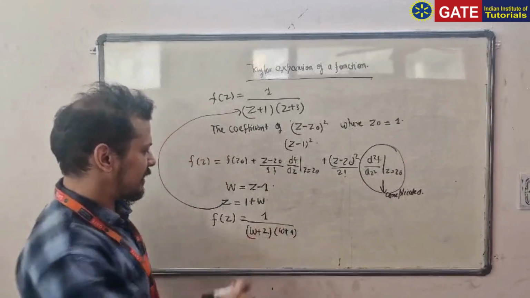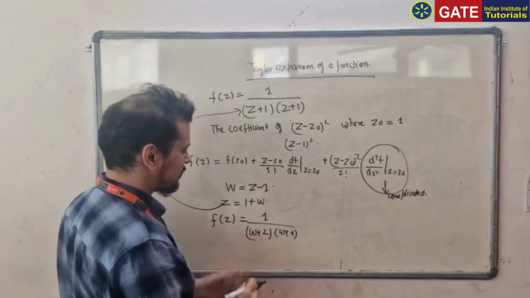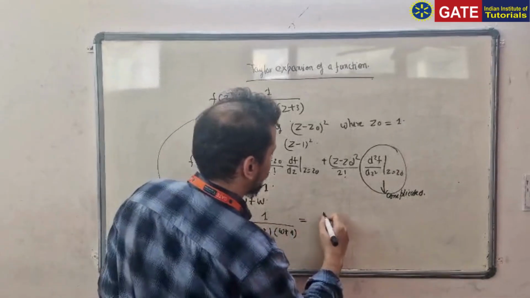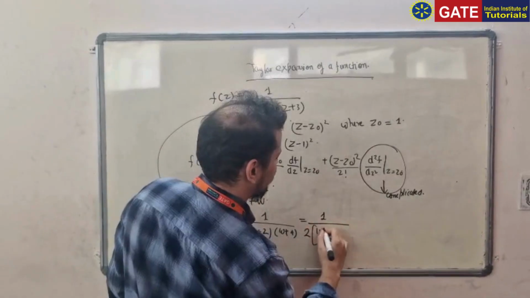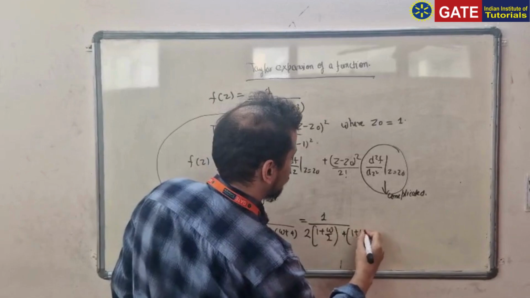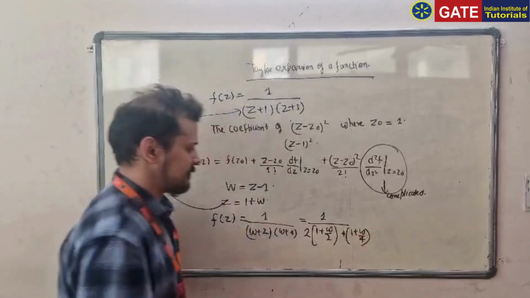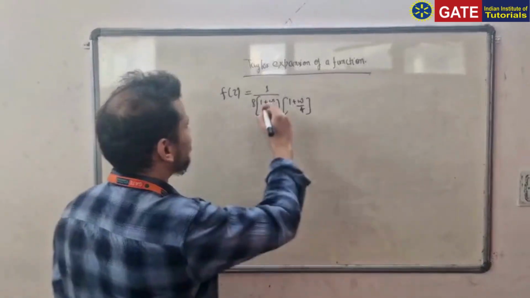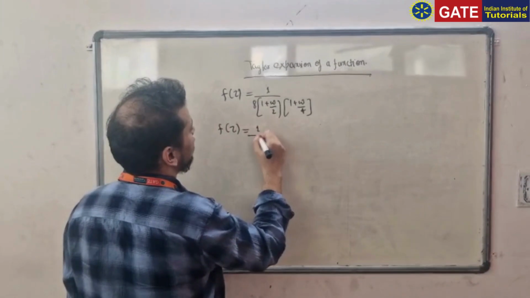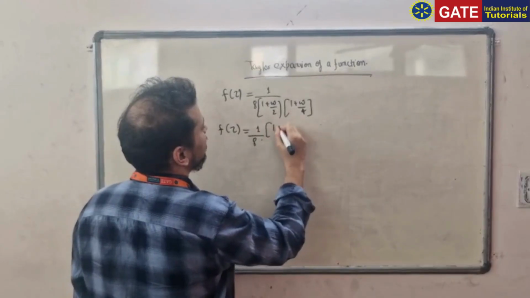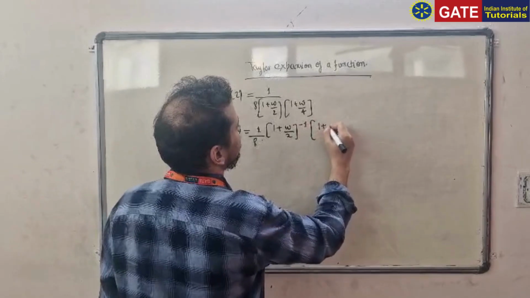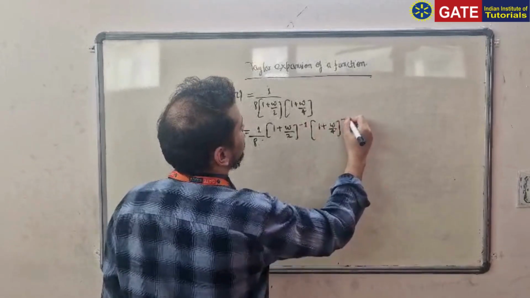The next step will be taking 2 common and 4 common, because w is in the range of z minus 1. So I will take 1 upon 2 common from here, I will get 1 plus w by 2, and 4 common from here, 1 plus w by 4. So this becomes 1 by 8, and then I have (1 plus w by 2) to the power minus 1, and (1 plus w by 4) to the power minus 1.